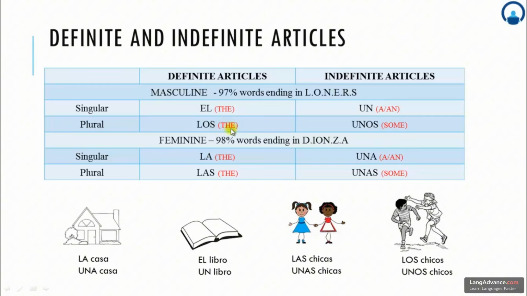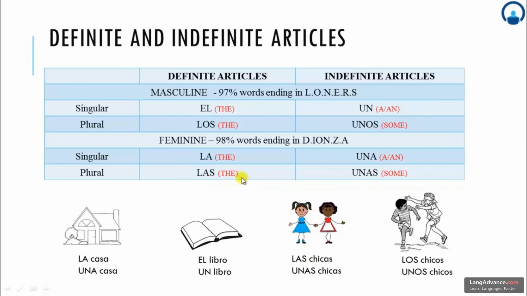That also means the. If we are using a definite article for feminine and singular, we'll use la. That means the. And if you are going to use a definite article for feminine and plural, then we'll use las.